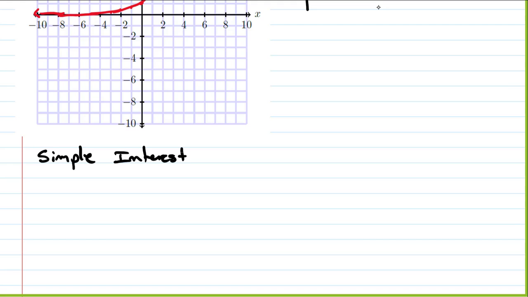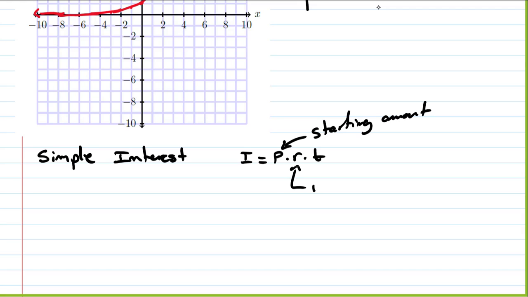If we think back, our simple interest formula is I equals P times R times T, where P was our starting amount, R is our interest rate, which we need as a decimal, not a percent, and T is going to be time.